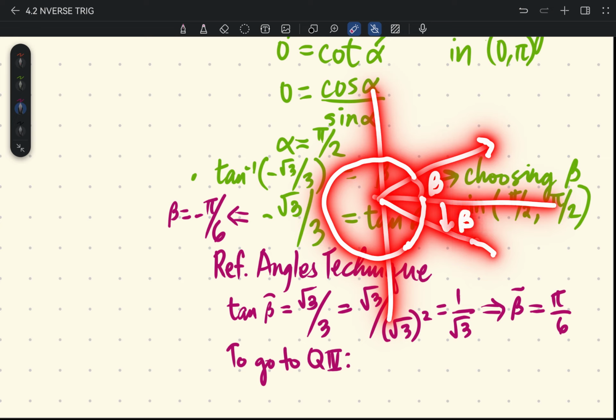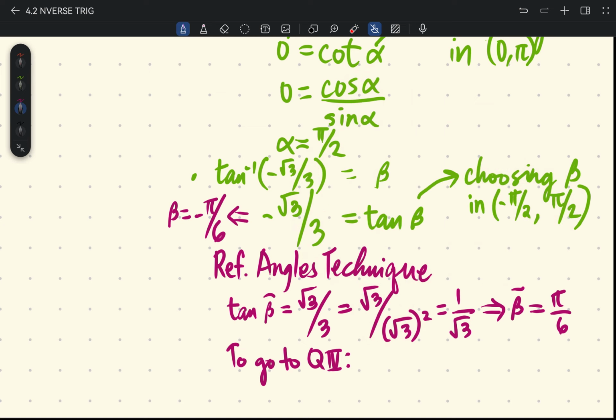So you still have beta right here, and so you get 2 pi minus beta bar. So beta equals 2 pi minus beta bar, so that's 2 pi minus pi over 6, which equals 11 pi over 6.